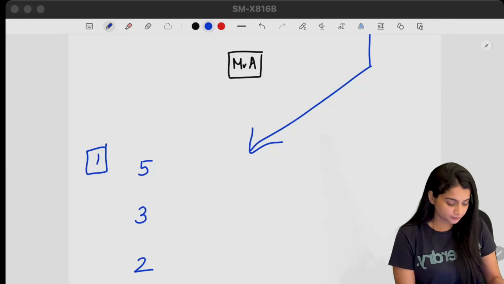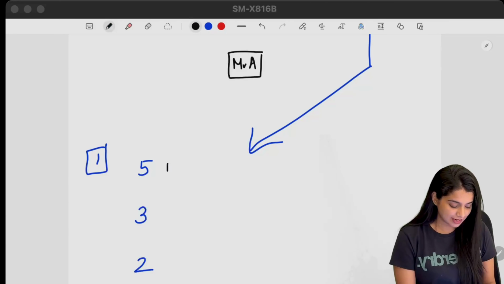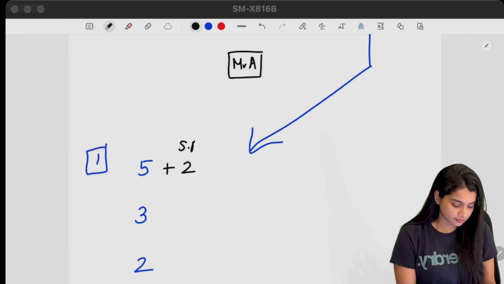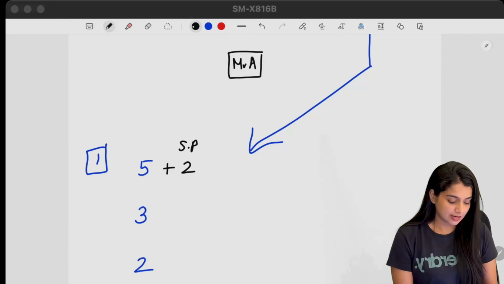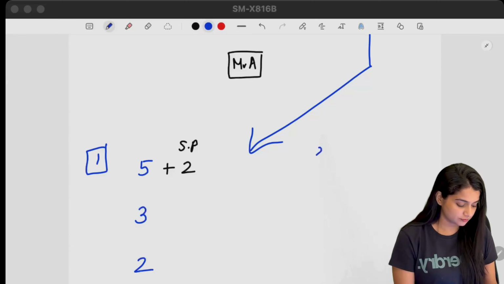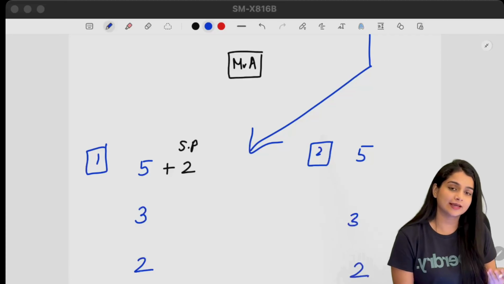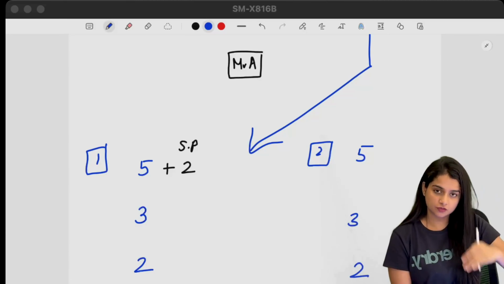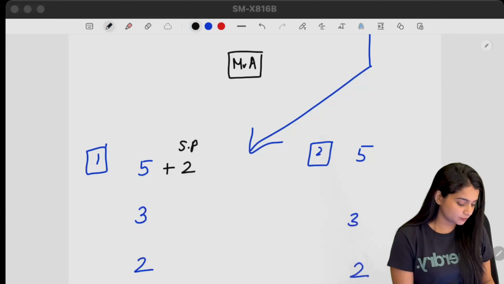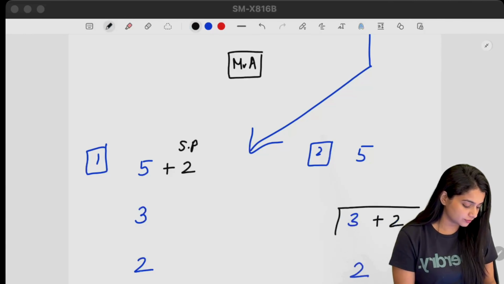Same example, and the only difference here is I'm adding 2 rupees for securities premium. And there's one more example I have, wherein it's 5, 3, 2, again application, allotment, first call, and I'm adding the premium here during allotment.